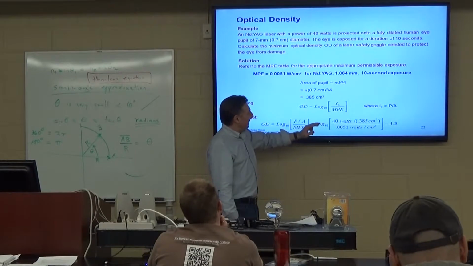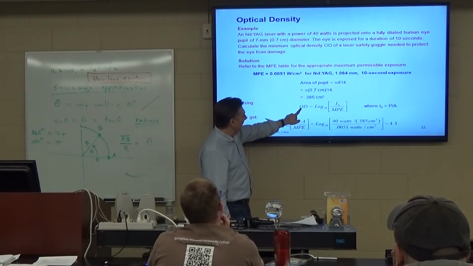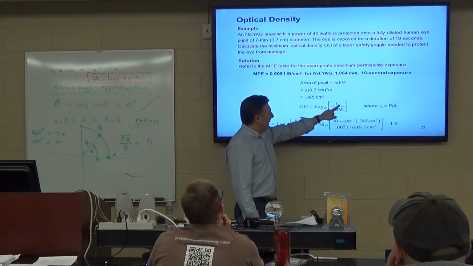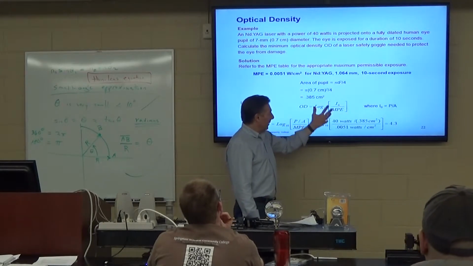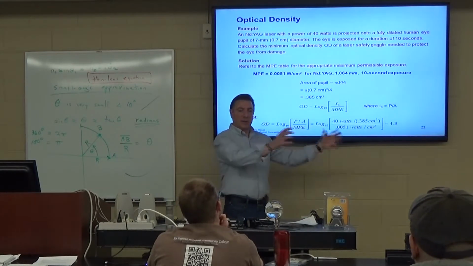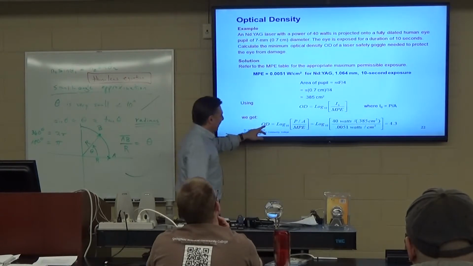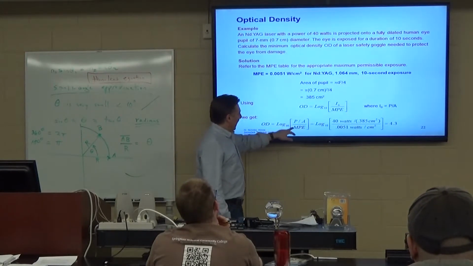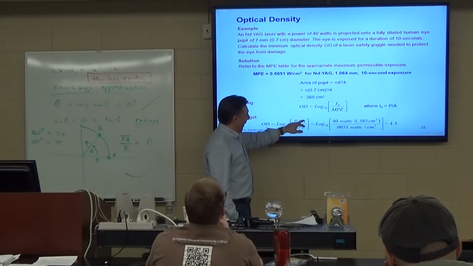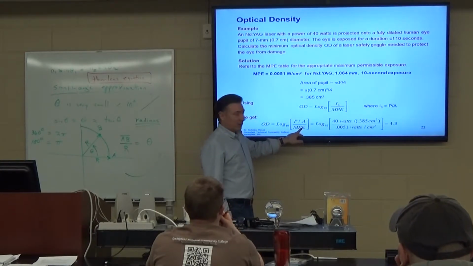To calculate the optical density, we know we have to calculate the irradiance. I'm going to plug everything into one big equation before I solve it. The optical density is the log base 10 of the irradiance, which is power divided by area, divided by the maximum permissible exposure.